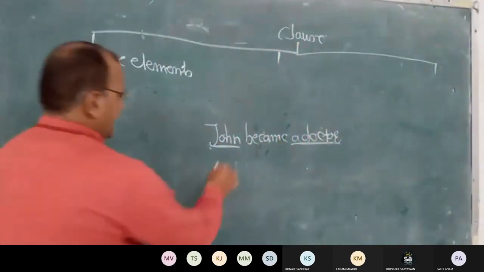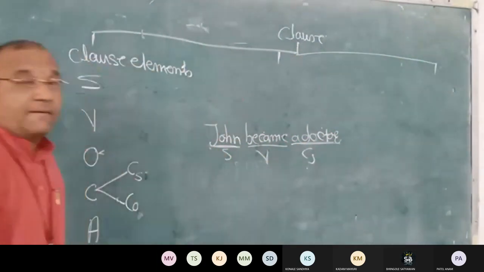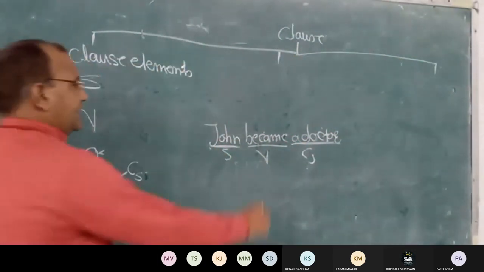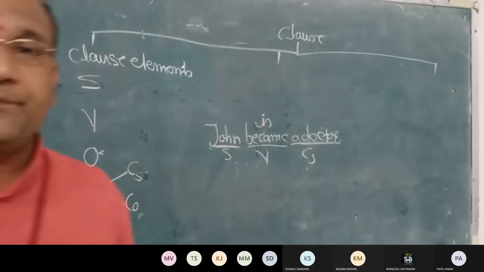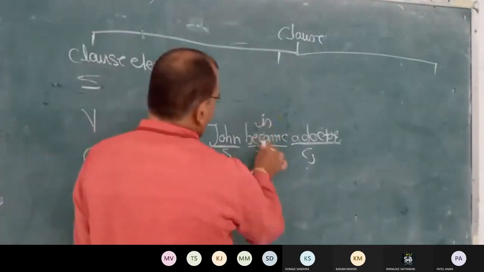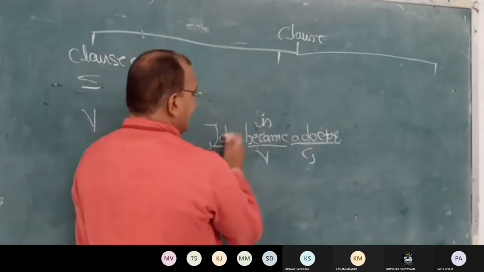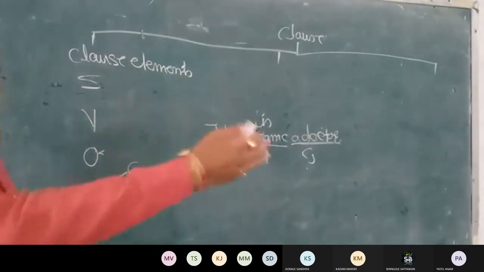So it is S, V, C. Or if I go with the verb is, John is a doctor. So is becomes the link between the two units, subject and complement to subject.